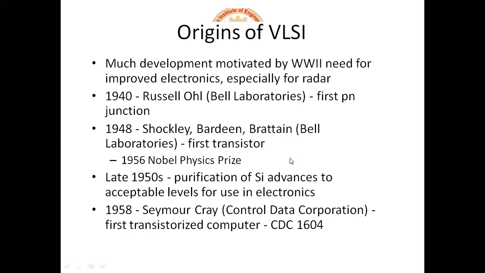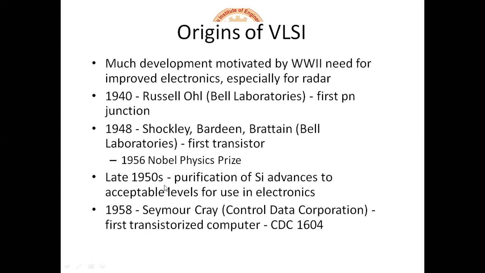Once the transistor was invented, it was the stepping stone for all other inventions later on in our electronics field, and basically in the integrated circuits field. In 1956, they got the Nobel Prize for physics in this case.